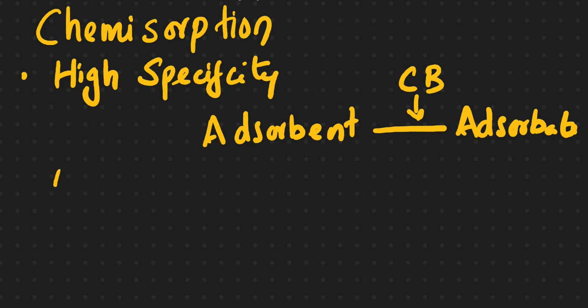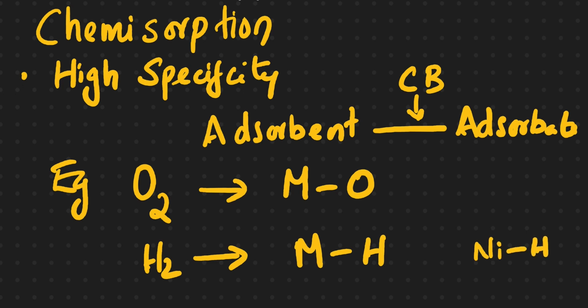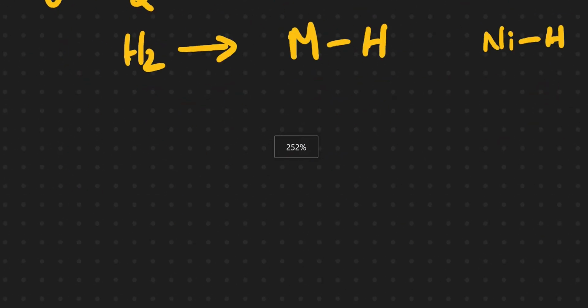Okay, for example, for oxygen it should form a metal oxide bond. Oxide formation should be shown, and for hydrogen it should form a metal hydride bond. Like previously we have seen that nickel forms a hydride bond like that. That's about the specificity of chemisorption.